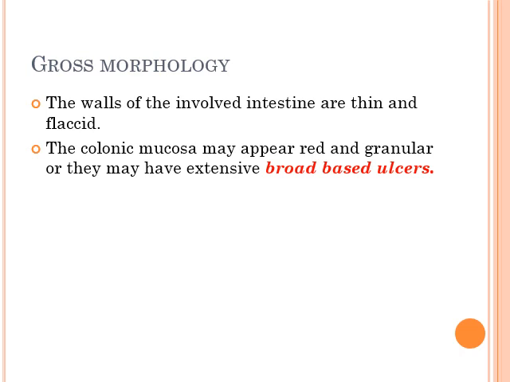Now, in Crohn's disease also you might get ulcers, but those ulcers are deep, knife-like, linear ulcers involving all the layers of the intestine. But in ulcerative colitis, these ulcers are superficial, only involving up to the submucosa, and they have a broad base.